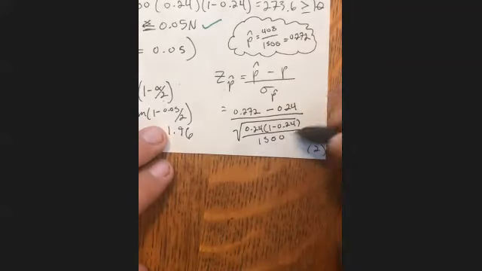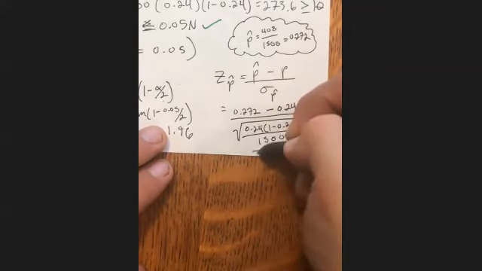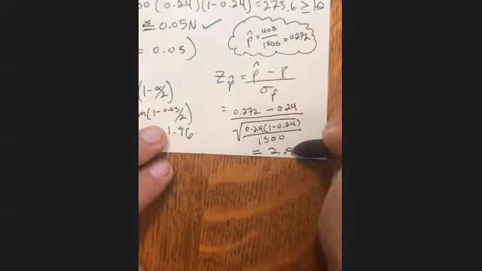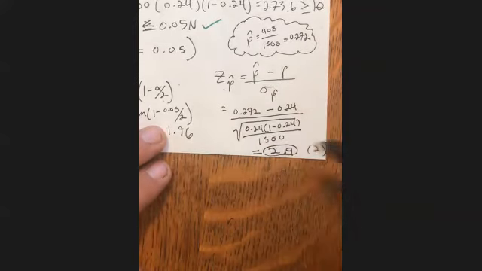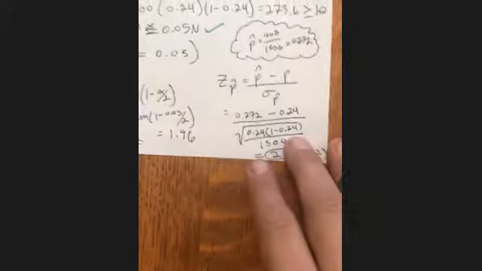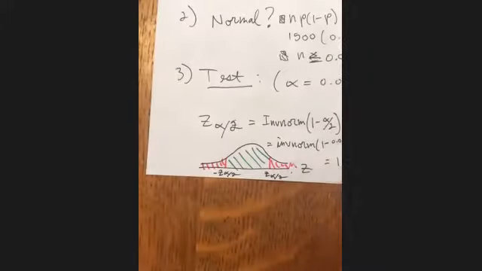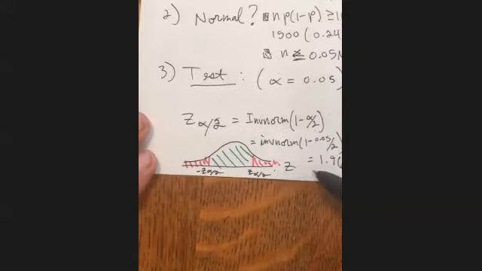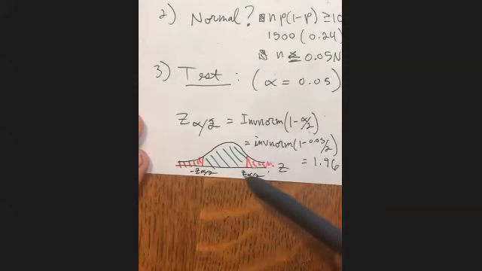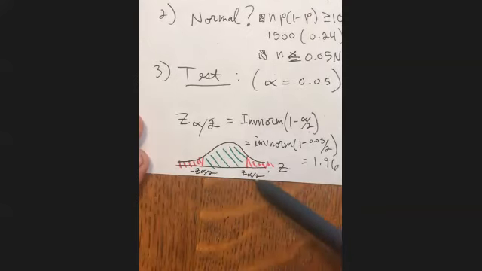So I'm going to write that, 2.9, right in here. Once you have that 2.9, the question is, does 2.9 fall in the green area or one of the red areas? Well, the cutoffs for the red areas are negative 1.96 and positive 1.96.